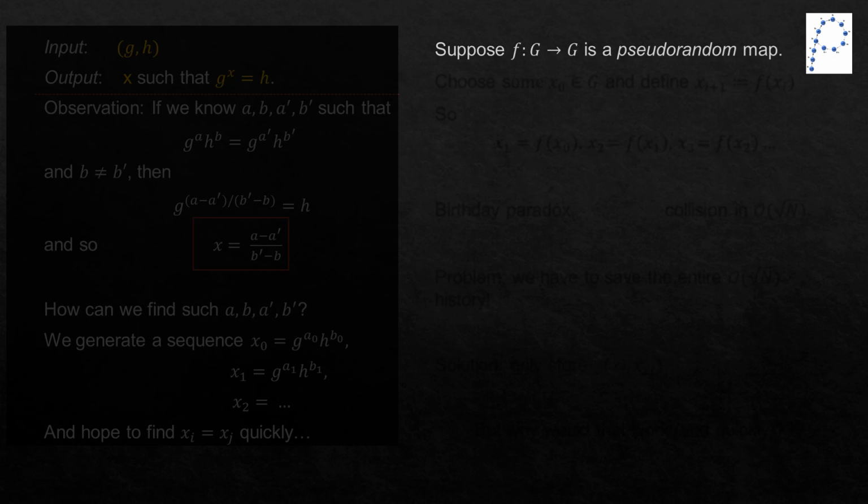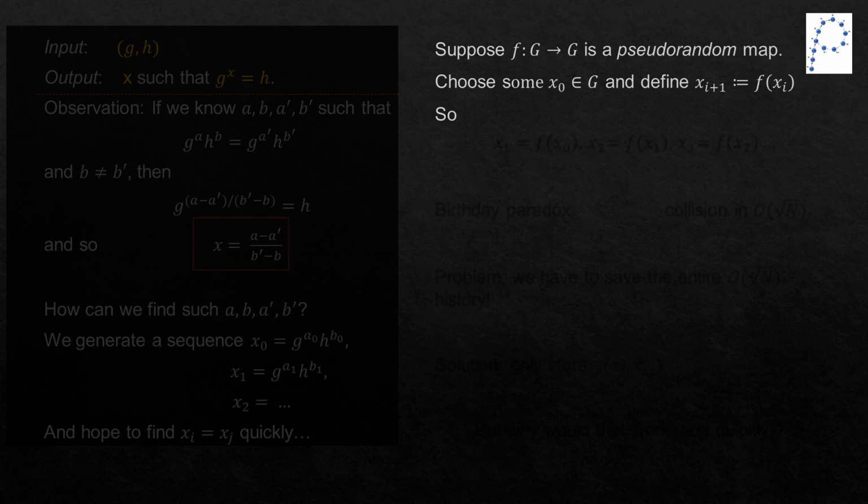So suppose f is a mapping from the group to the group, which is a pseudo-random map. It's a deterministic function that appears random, like a hash function. And we define the following sequence. We choose some random element x0 from the group, and the next element is defined by applying the function f.